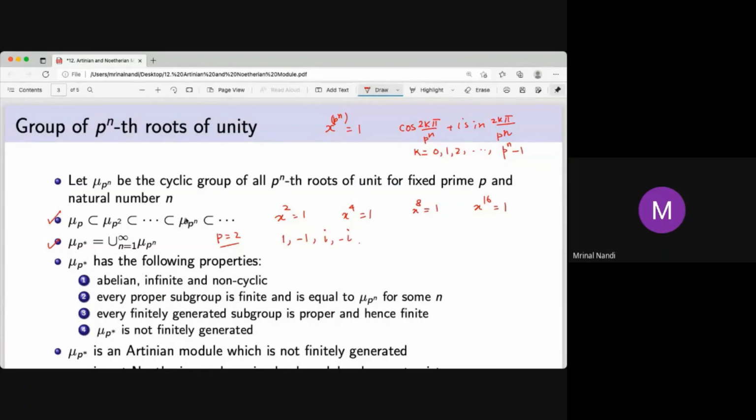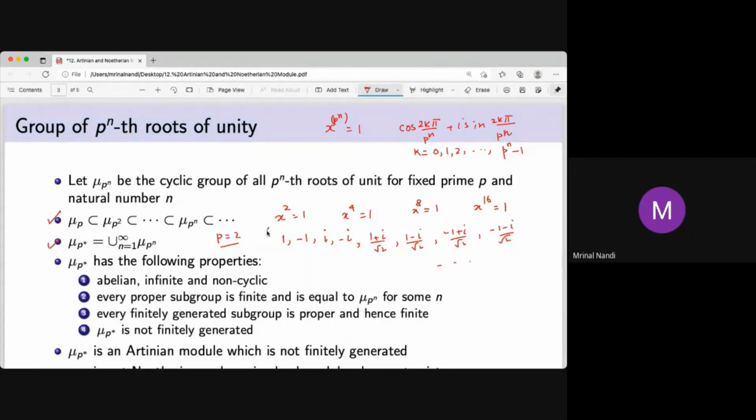Then p to the power 3, that means 8, so it is 1 by root 2, 1 minus root 2, 1 minus i, minus 1 plus i by root 2, and minus 1 minus i by root 2. Then n equal to 4, so 16. Again, this 16 means cos 22.5 degrees plus i sin 22.5 degrees, and so on and so forth.